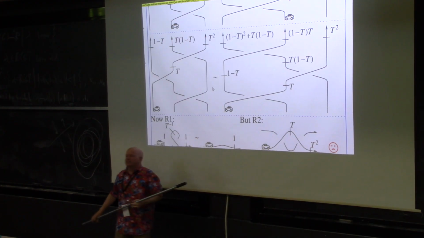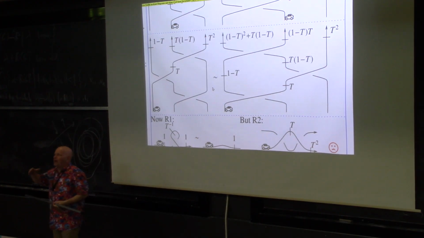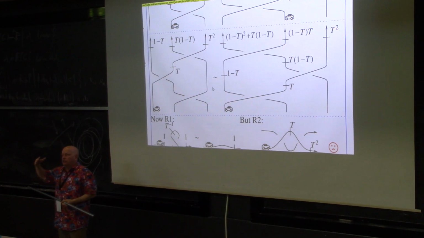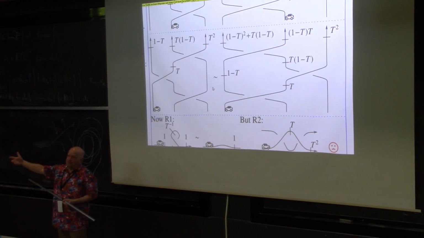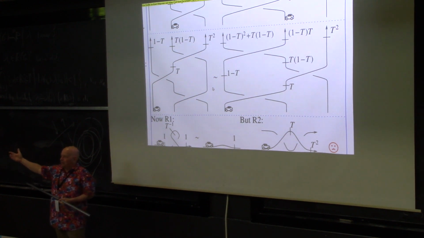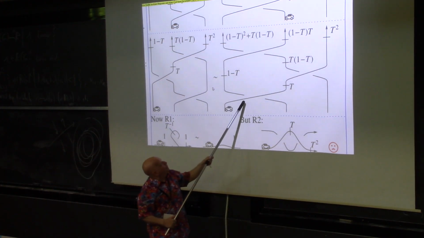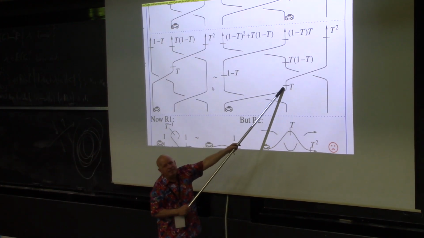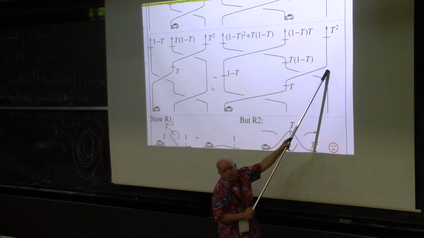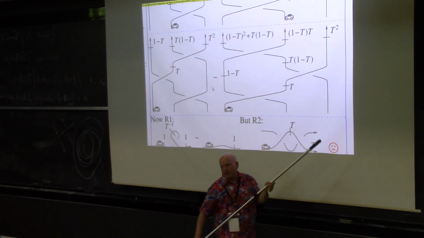And the other rule that I will use is that if you have two independent events, the probability that they will both occur is the product of their probabilities. And I've used that too, namely the probability of passing through once is t, and then the probability of passing through the second time makes it t squared.